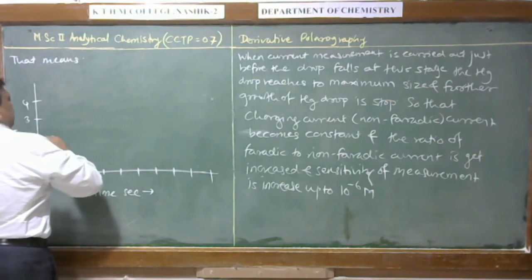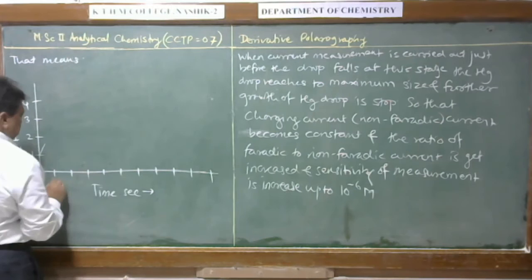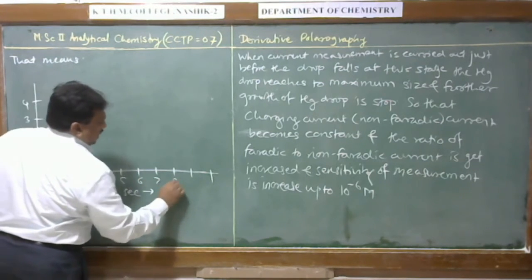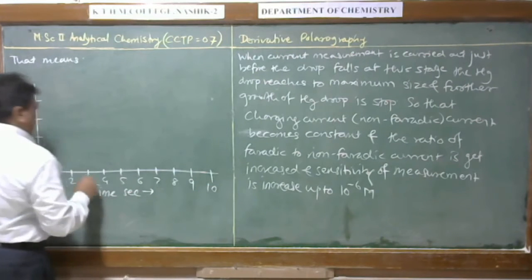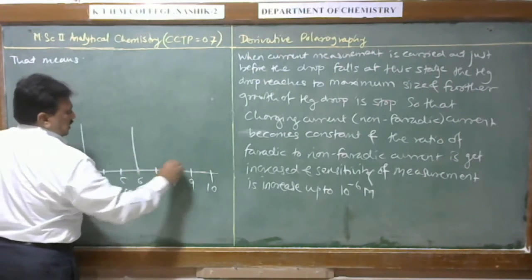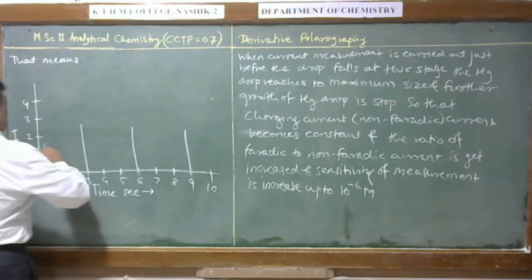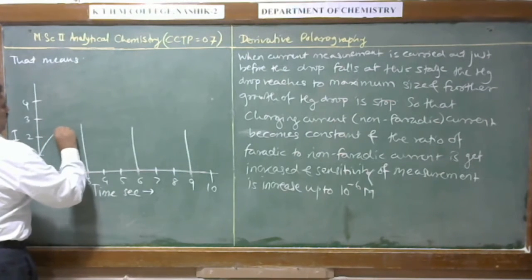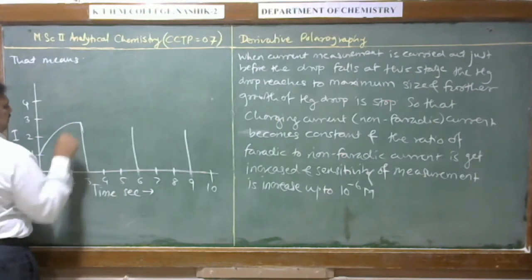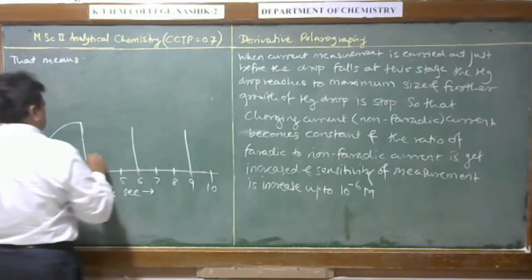Here the current measurement is like this. This is 1, 2, 3, 4, 5, 6, 7, 8, 9, 10 seconds. If the drop time is 3 seconds, then this is the growth of the mercury drop. It reaches maximum size, and at the end of its life the size becomes constant.